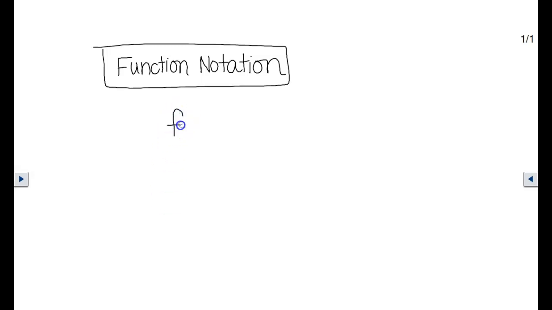So what we've learned is we have this function notation, and we read this f of x, a function of x, is equal to y. Because we know that's what functions do. Functions take x's and relate them to y values. So the f is the name of the function.